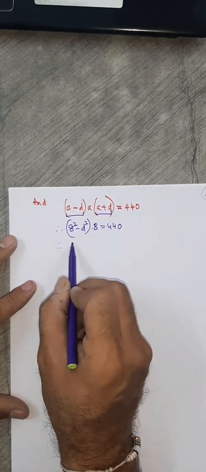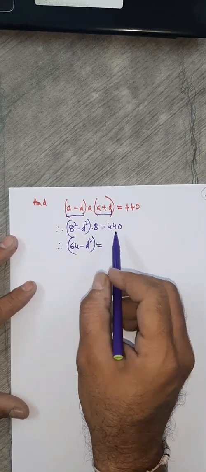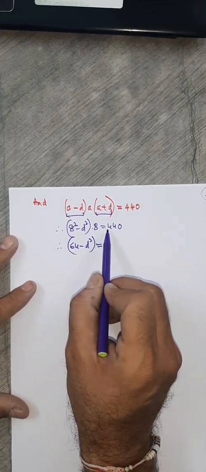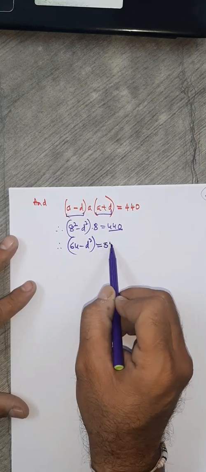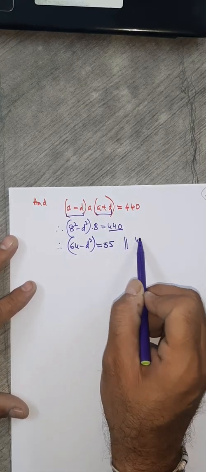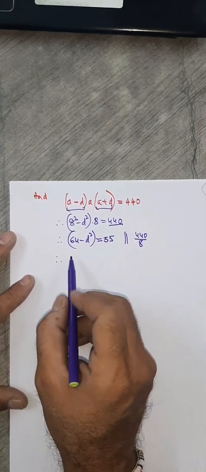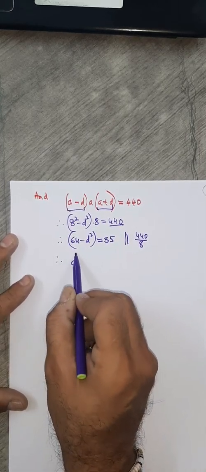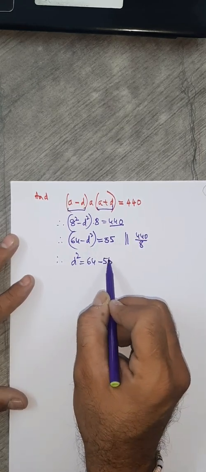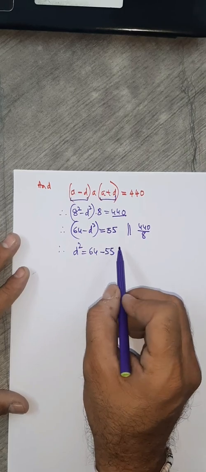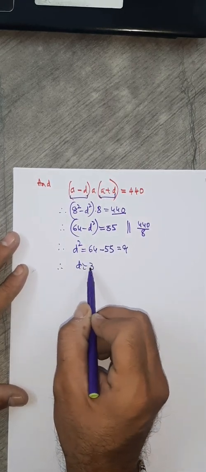So what will we get from this? 64 minus d squared equals 440 divided by 8, which is just 55. So d squared equals 64 minus 55, which will be 9.